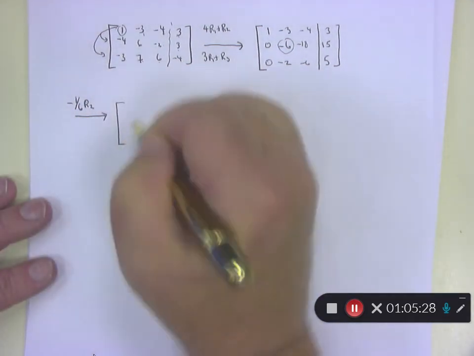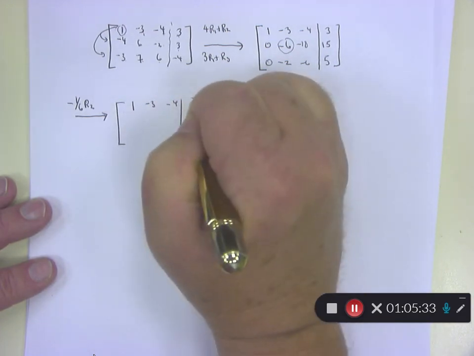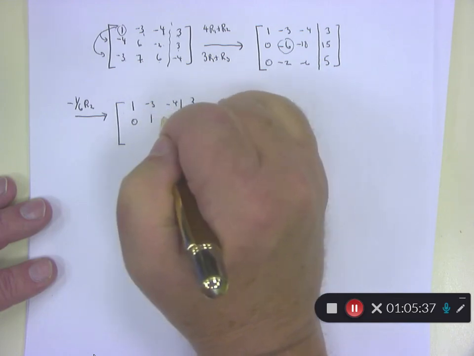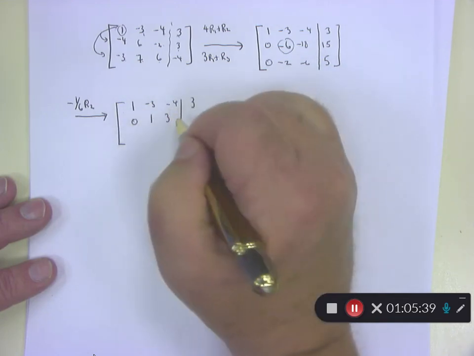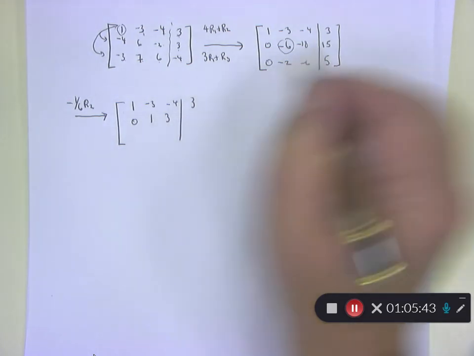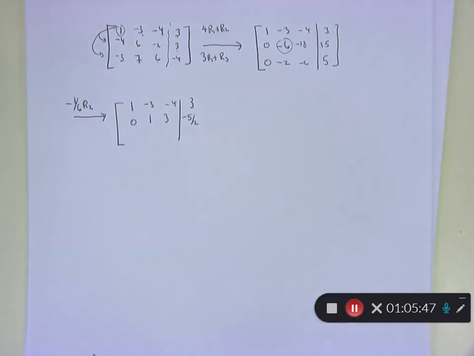So this would give you what? 1, -3, -4, augment 3, 0, 1, 3, and 15 divided by 6 is what? 5 halves. Positive divided by negative is a -5 halves. There you go, -5 halves. Agreed?